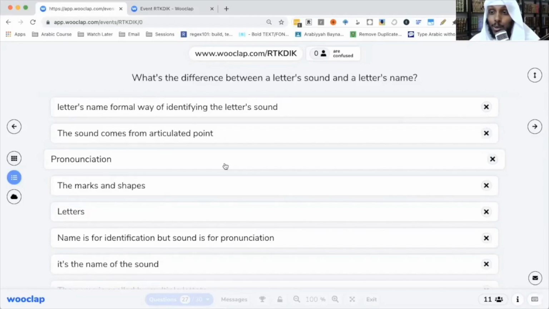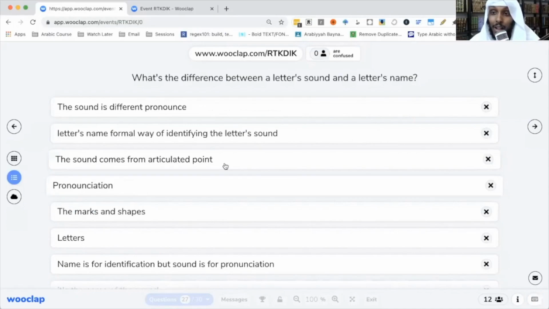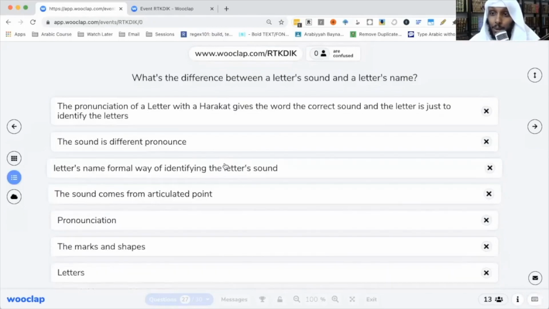The letter sound is what we pronounce when we say ذَلِكَ الْكِتَابُ لَا رَيْبَ فِيهِ. ذ, with a fatha, ذال fatha, ذ. So last lesson, when we did the workshop, we said, for example, qaf fatha, qa. Okay, ra fatha, ra.